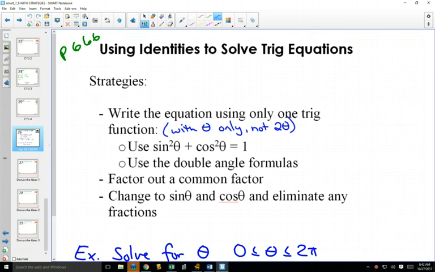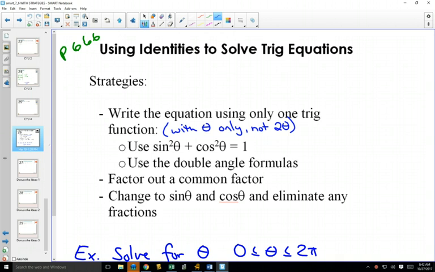That's a strategy you've seen already, and now we're going to add to that: not only are you going to try to get it with only one trig function, but with theta only and not 2 theta. So we've introduced our double angle identities. If you've got an equation with a sine 2 theta and a cos, you would change things because you can't solve it if one of them is 2 theta and one of them is theta.